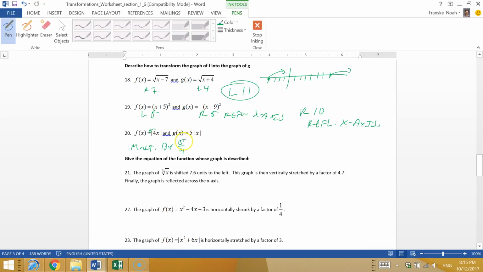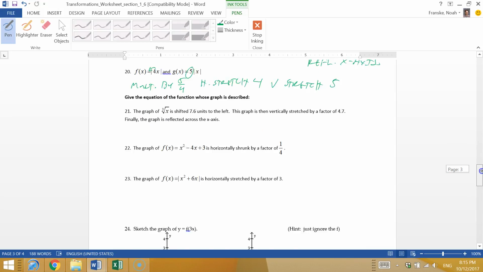So, multiplying by 5/4, what that's going to do is undo the horizontal shrink. So basically I'm going to do a horizontal stretch by a factor of 4. That's what this 1/4 does. And then I'm going to do a vertical stretch by a factor of 5. So we do a horizontal stretch out by a factor of 4, and then we stretch it vertically by a factor of 5. That's it.